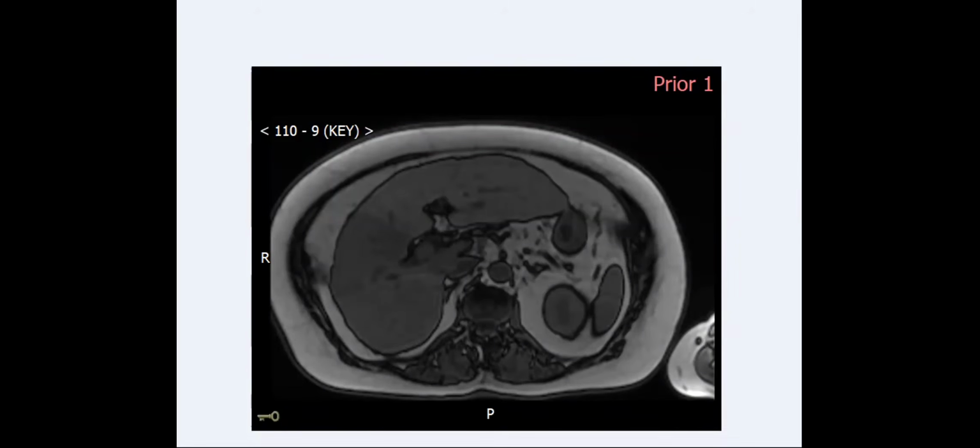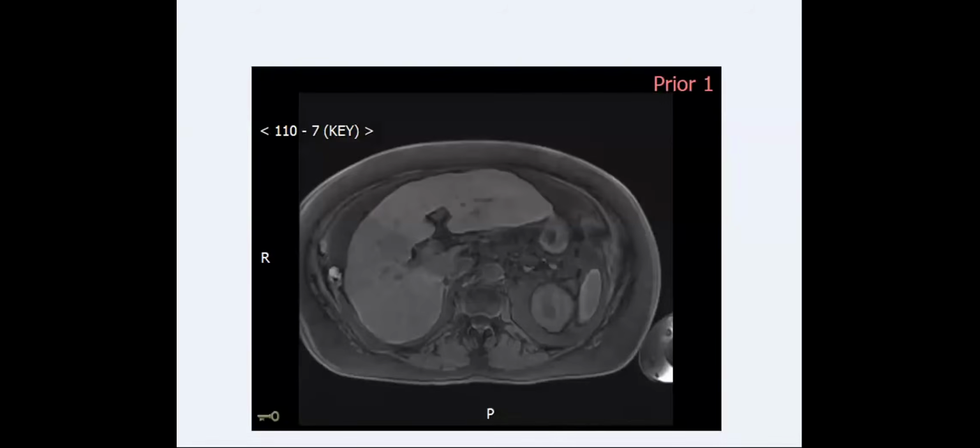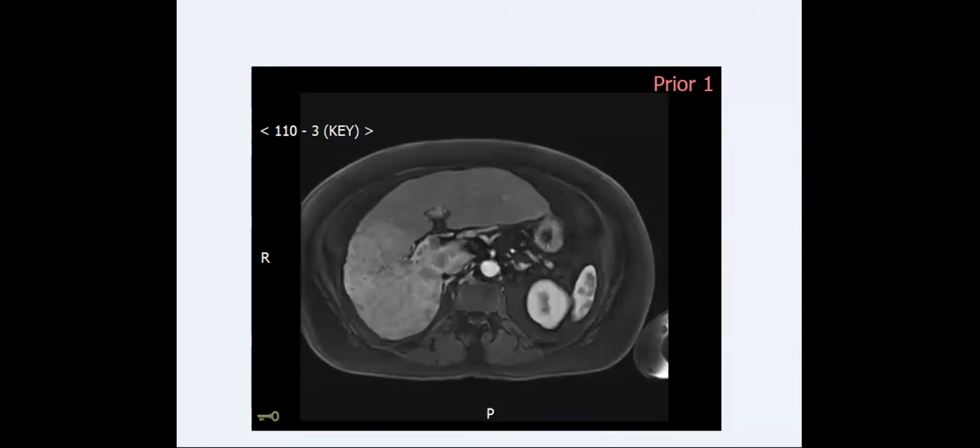Based on this out of phase, I can't tell which one is hypervascular, but now I definitely see a signal abnormality between the two, but I still want to go to my vascular phases. Oh, okay. Wow. So now it's clear that there's a heterogeneous infiltrative process involving the entire right lobe and probably the right portal vein.